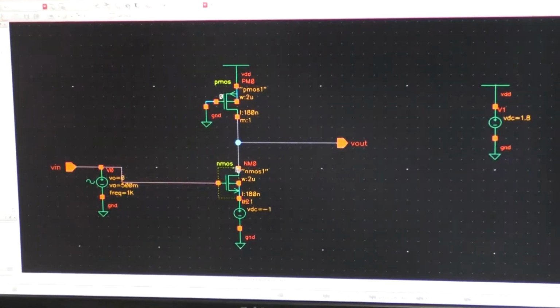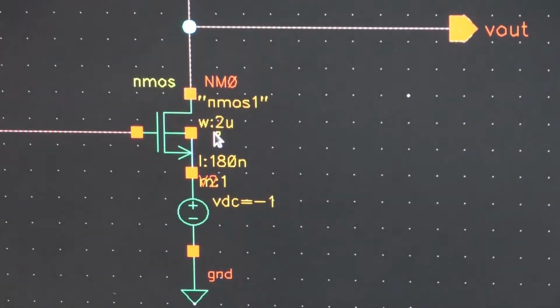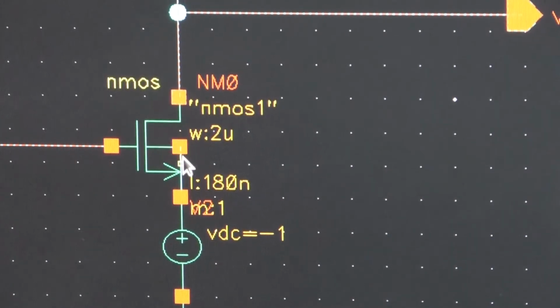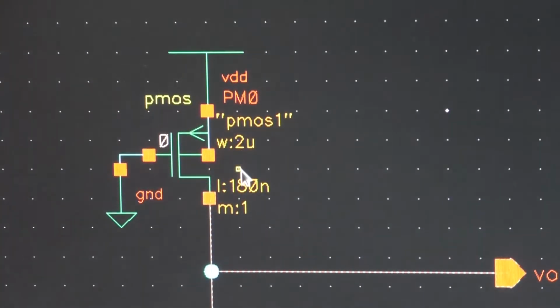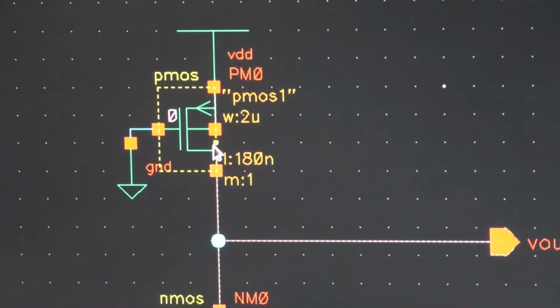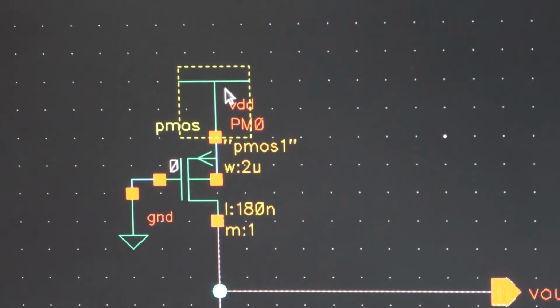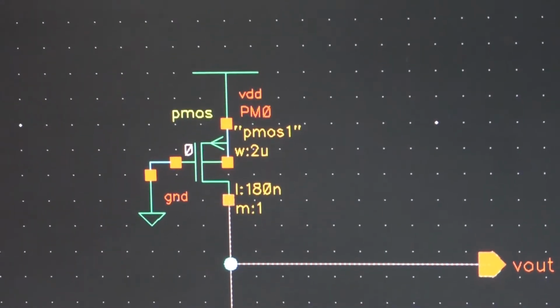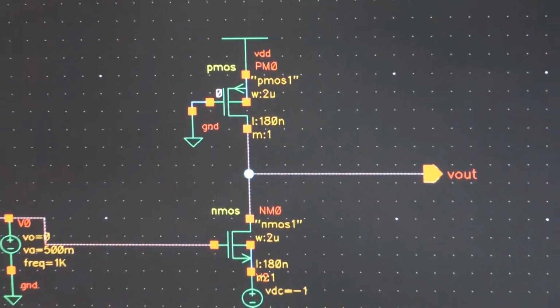So I have created an instance from the GPDK 180 library, the N MOSFET, and I have positioned it here. Similarly, I have taken the instance of the P MOSFET from the GPDK 180 library and I have positioned it here. And from the analog library, I have taken the VDD and the ground lines, and I have positioned them here.